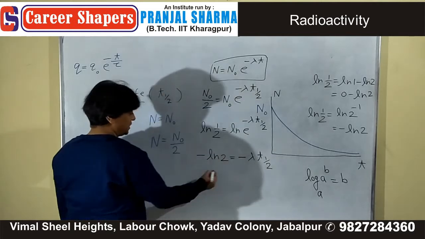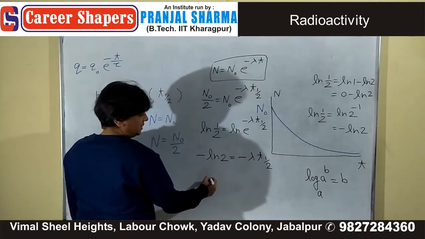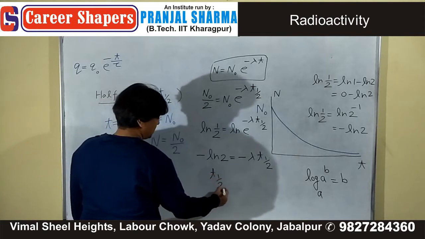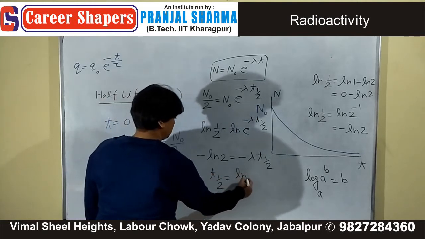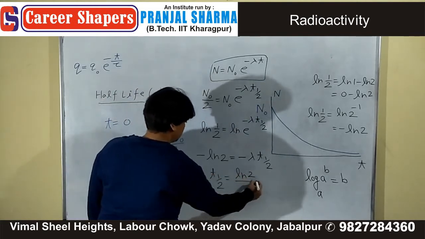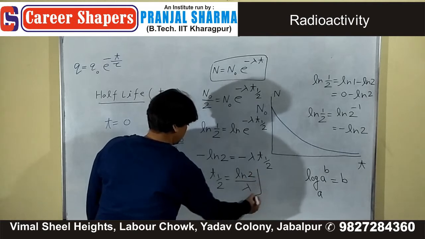Cancel negative signs, and you get your T half as log 2 divided by lambda.